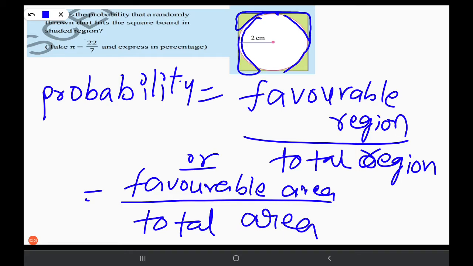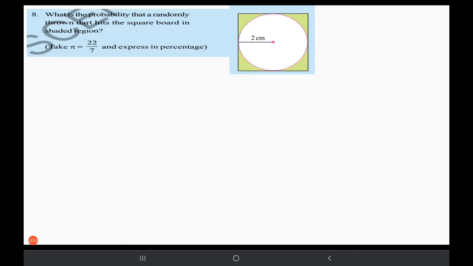The shaded part is the favorable region. What is the total area? That is the entire square. How do we find the shaded part region area? By subtracting this circular region area from the square.